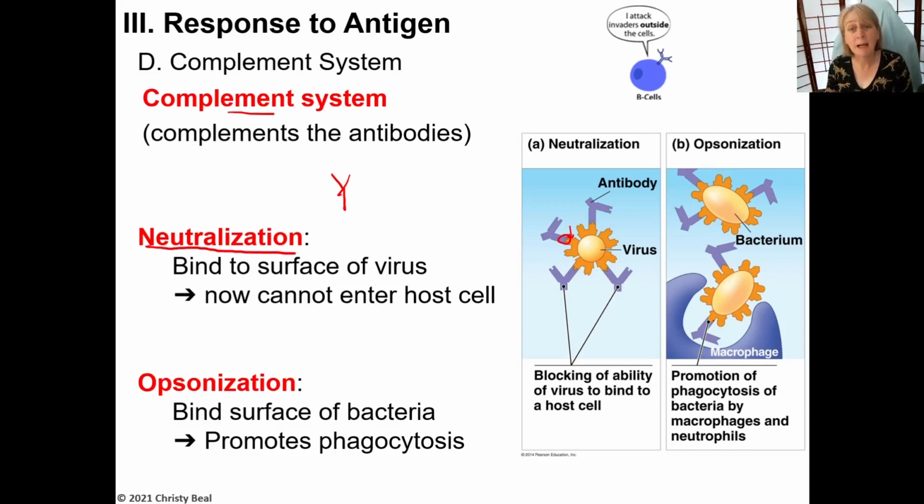If it's a bacteria that is infecting you and it is able to reproduce on its own, maybe it's synthesizing something that's making you sick, something that's toxic to you, neutralizing it is not going to be an option. It's not going to be brought into your cells anyway. We can do opsonization, it's a hard word to say, opsonize or opsonization.